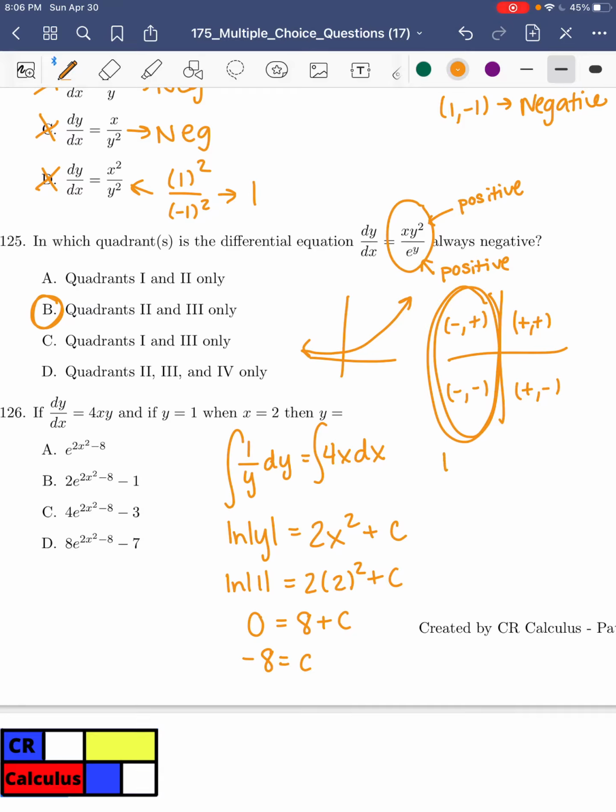So then I'm going to plug that back in. Natural log of y equals 2x squared minus 8. Then I'm going to e both sides to get rid of the natural log, so I'm left with y equals e to the 2x squared minus 8. And we can see that matches A.